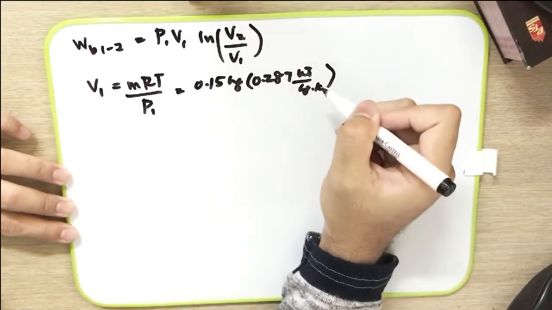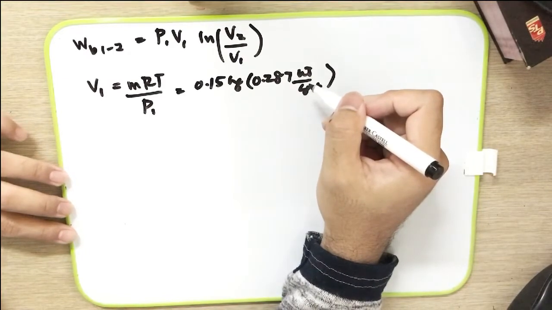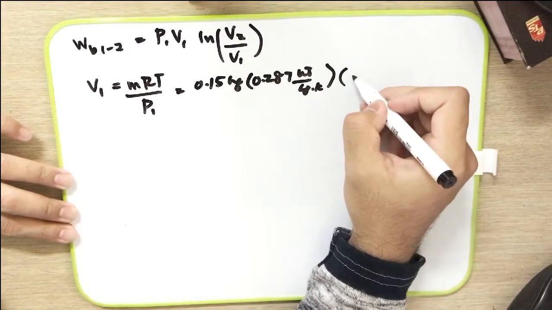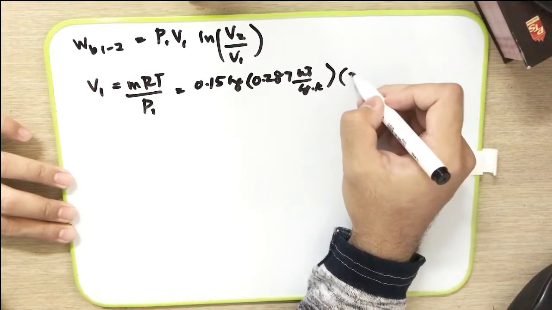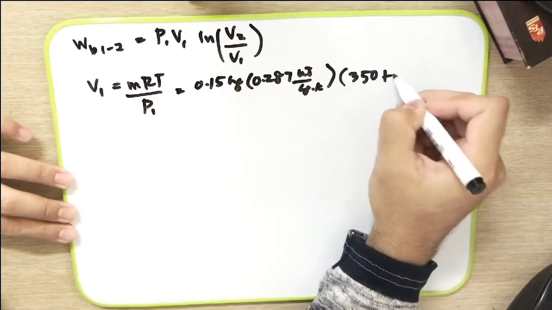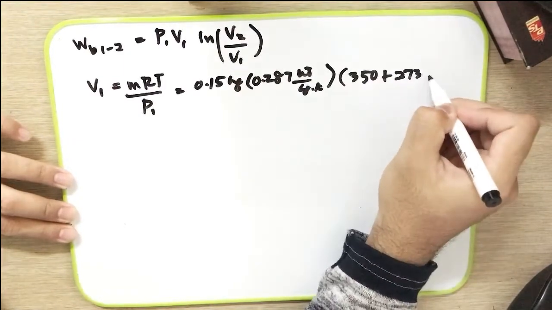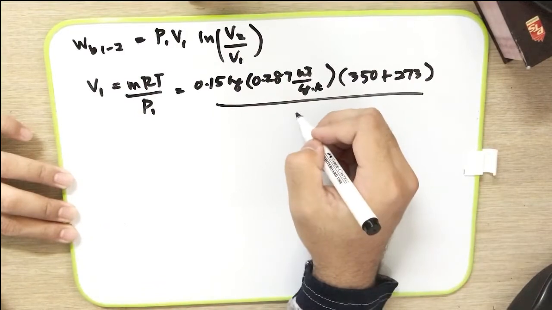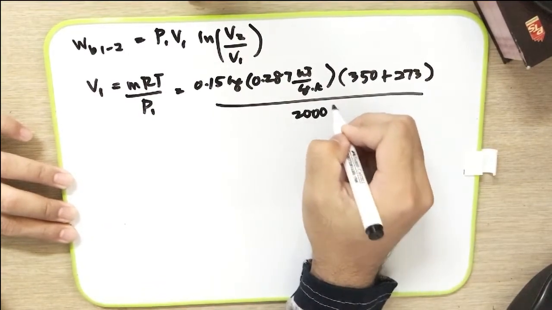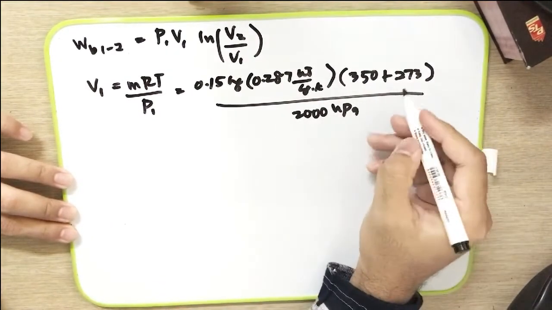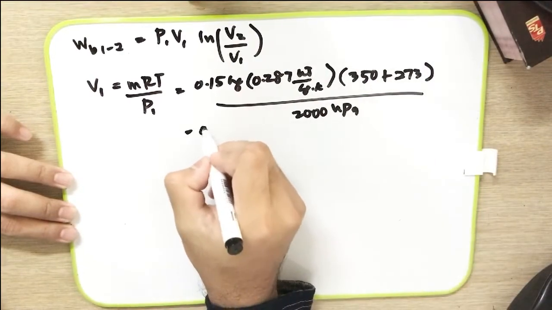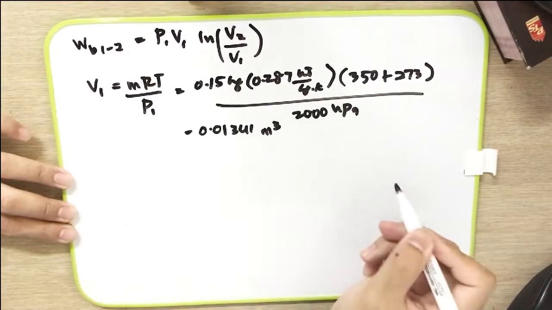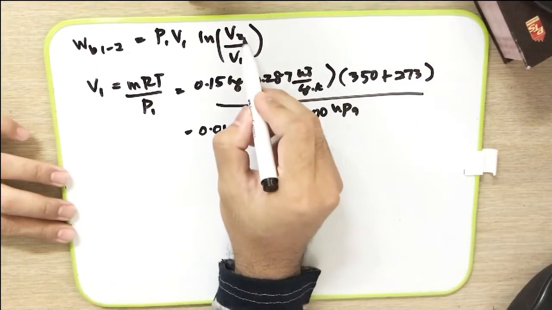You can find R for air at table A1. The temperature is the temperature at state 1, which is 350 plus 273 Kelvin, over P at state 1, which is 2000 kilopascal. So you will get 0.01341 meter cubed.